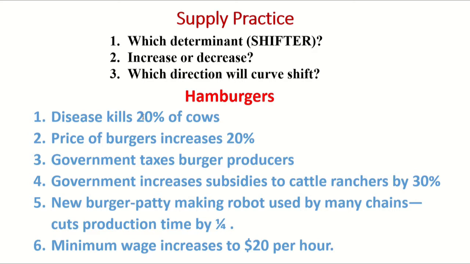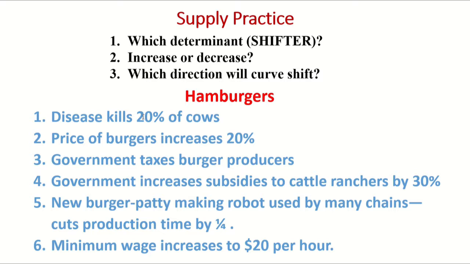Number 3, government taxes burger producers. Well, they're taxing them, so they're taking more of their money that they would have used to produce burgers, and so supply decreases. Number 4, government increases subsidies to cattle ranchers by 30%. We assume that they'll have more cows and hamburgers will be more plentiful, so supply will go up.